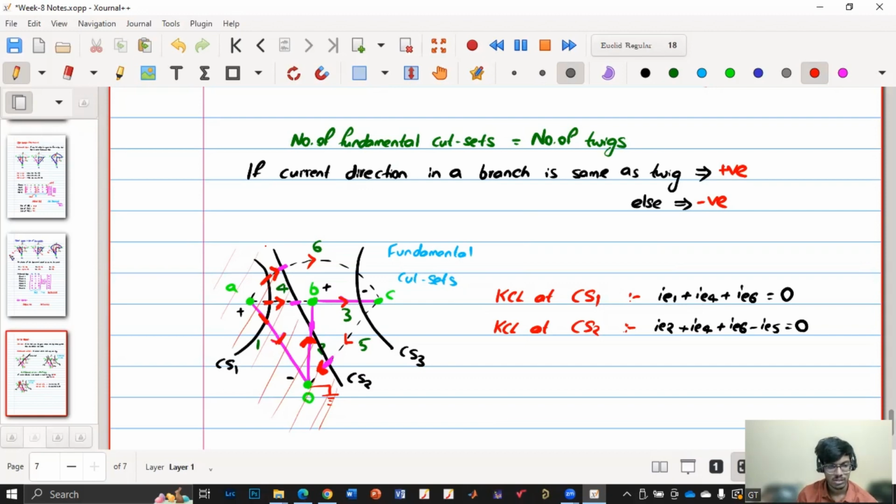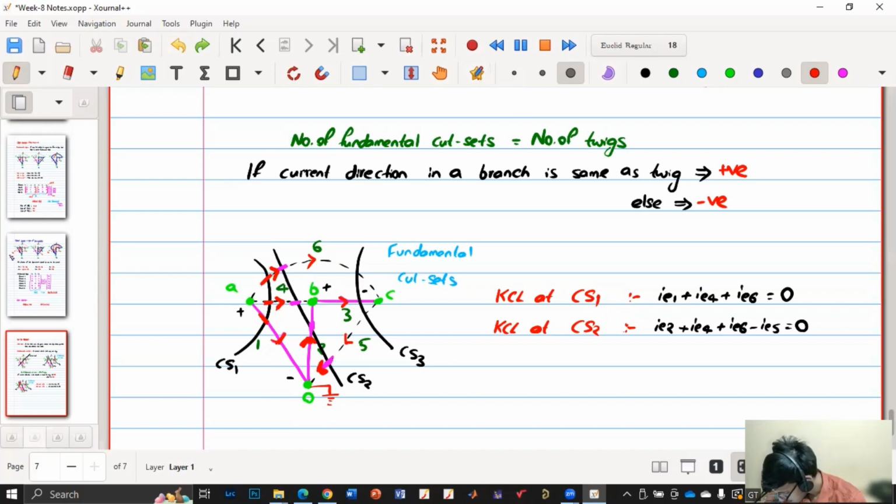Got it? Or you can consider the other side. On this side, IE2 is leaving, IE4 is leaving, IE6 is leaving, and IE5 is entering. Either you consider this side or that side, but the convention is that the twig current should be positive, and the others follow accordingly.